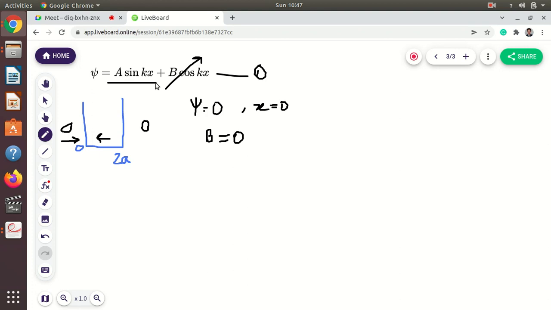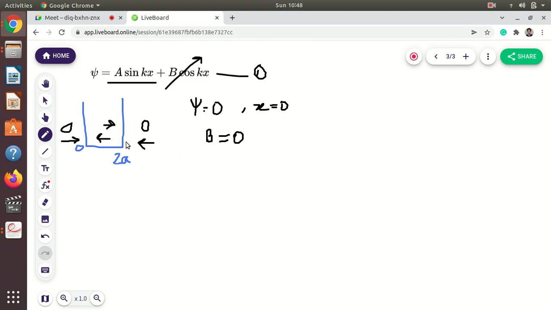Okay, now I will apply another condition, because this well has two boundaries. One is at x equal to 0 and another is at x equal to 2a. So the same analogy we will use here. As I am coming from here, the answer should be the same at x equal to 2a.